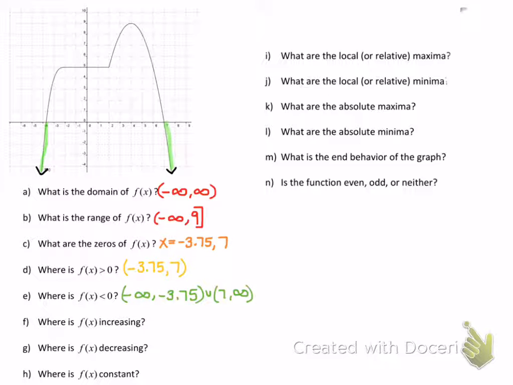Okay, so where's the graph increasing? Well, the graph is increasing initially. So right here we have the graph increasing, and then it stops at this point right here.